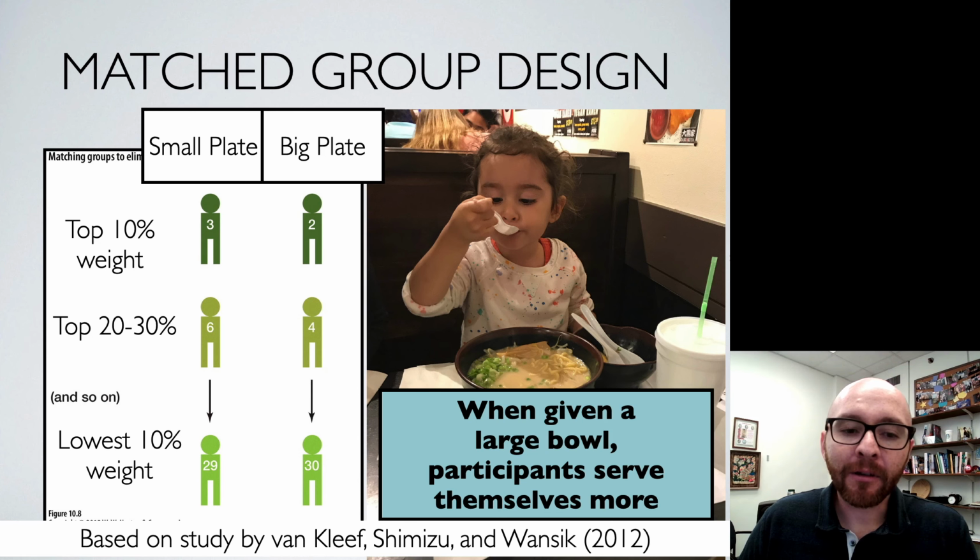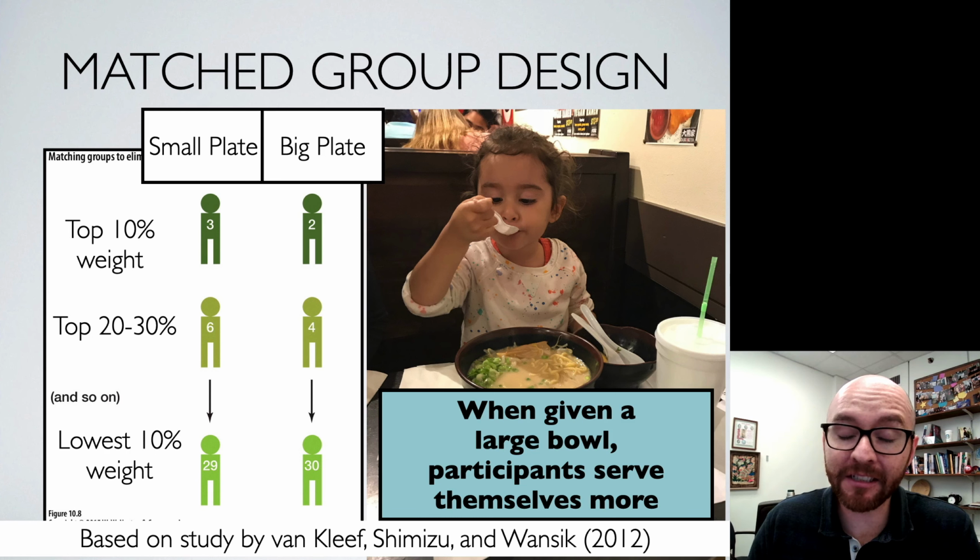But let's say you were worried, well, okay, maybe, but how do I know that a person's weight doesn't have some influence on how much they're serving themselves? If you were worried that this third variable might help explain what actually is causing how much food people are eating, then you could match people based on weight, right?